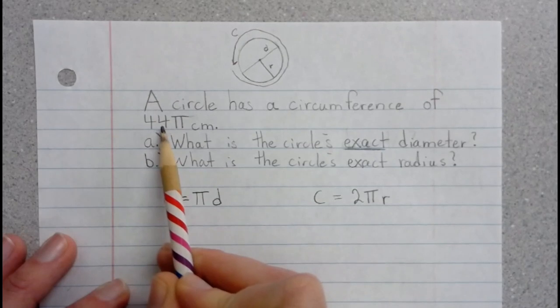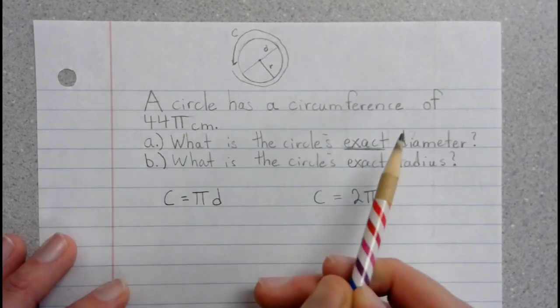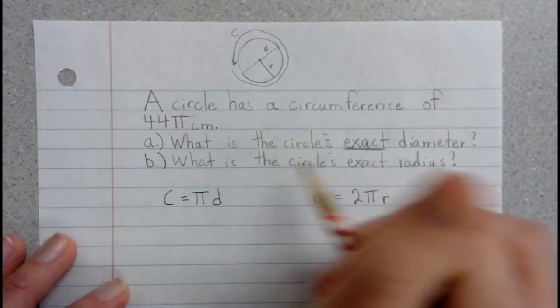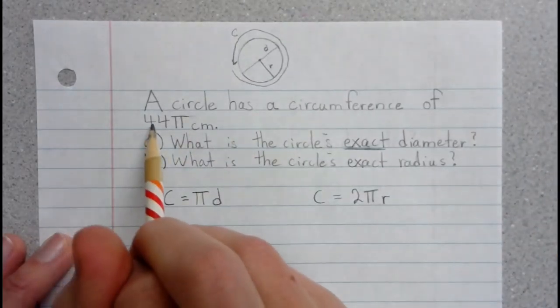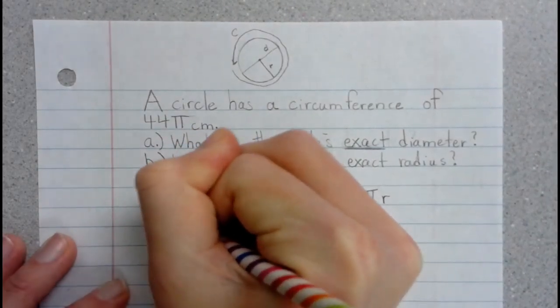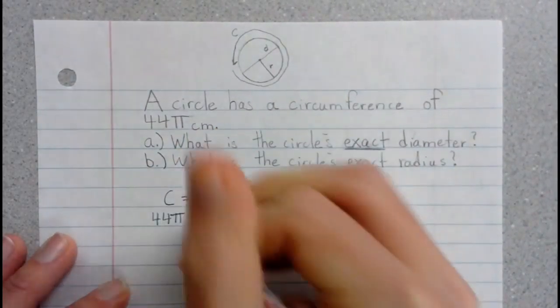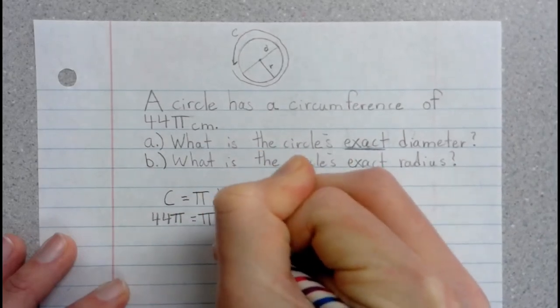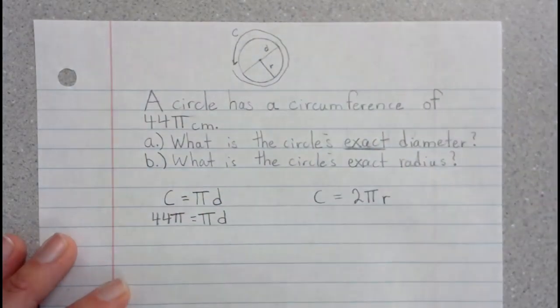Well, to just get rid of that multiplied pi, I divide by pi. So for the radius equation, 44 pi equals 2 pi R, we divide both sides by 2 pi to cancel. So those pi's go away. That's 1. 2 over 2 is also 1.